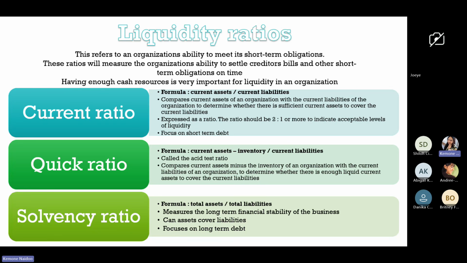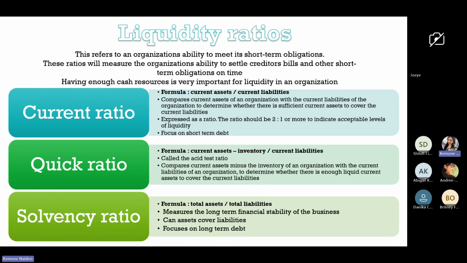And then another very common one is known as our solvency ratio. Now, solvency ratio focuses on the long-term debt. So it measures the long-term financial stability of the business and also looks at can assets cover our liabilities, but we are looking at it from a larger standpoint. So we're looking at total assets and total liabilities instead of current assets and current liabilities, if that makes sense. And this one's also quite easy.